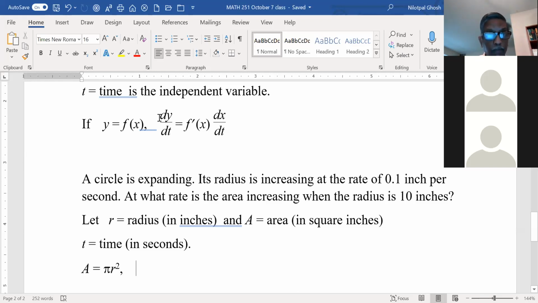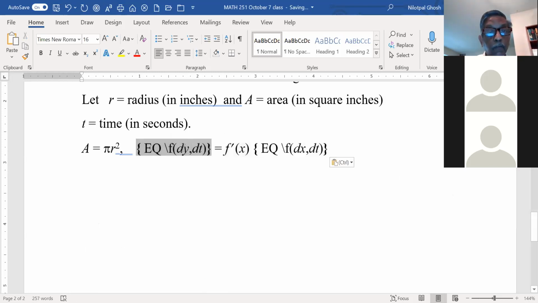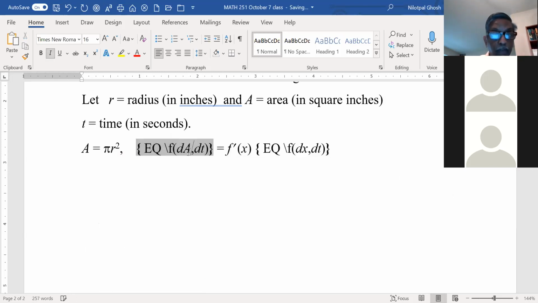Let me copy that and change the variables. So we have capital A here, small r here, and the derivative would be 2 pi r. Put a 2 there.